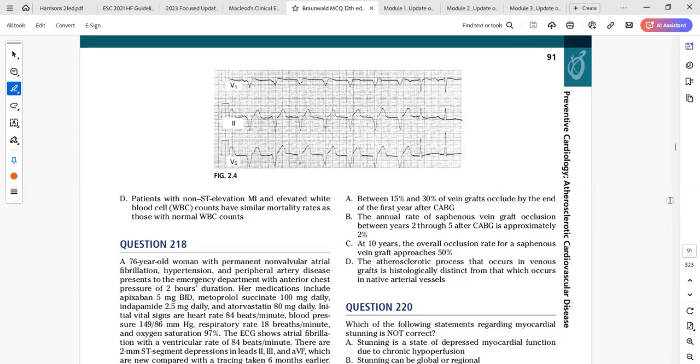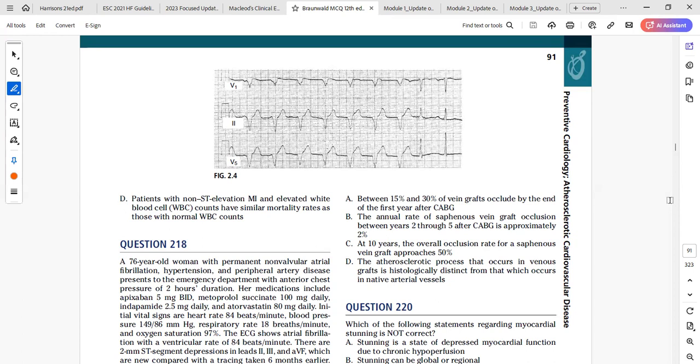So it said that 15 to 30% of occlusion occurs in the first year. After the first year, between 2 to 4%. But at the 10th year, it's estimated that about 40 to 50% of the saphenous vein is occluded.